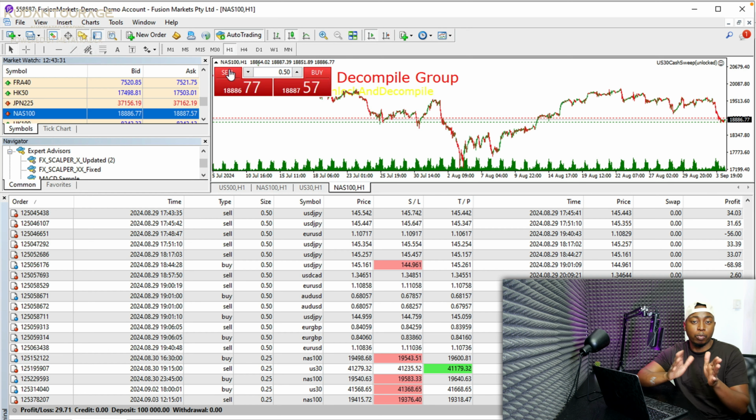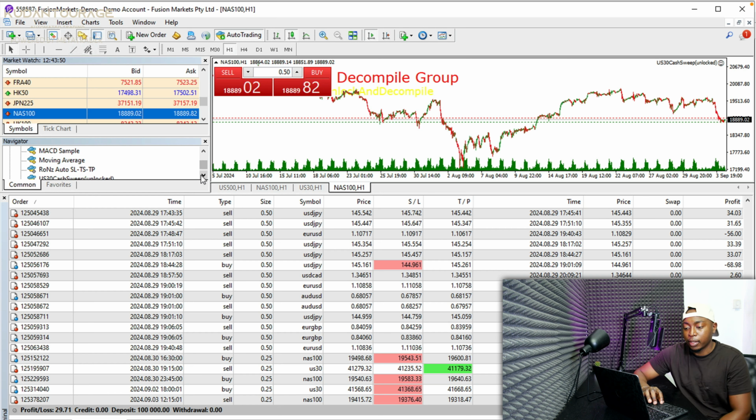Anything lower than your H1 time frame is going to be too concentrated, you're not going to be able to see the general trend. 4 hours is a little bit too long for the NAS100 because the market is only open mostly for the New York session. So 1 hour is perfect for us.